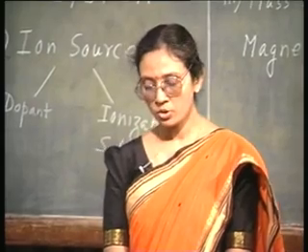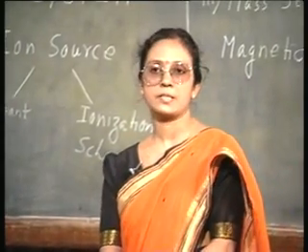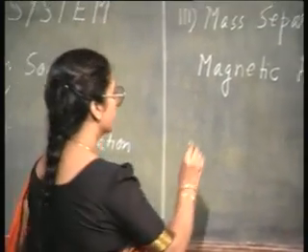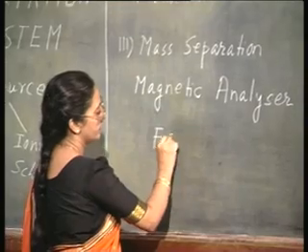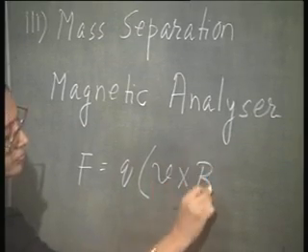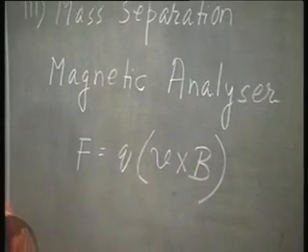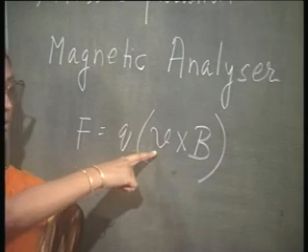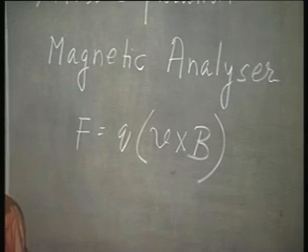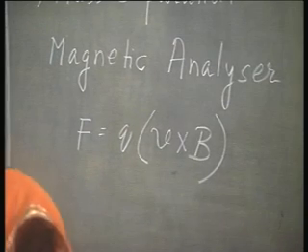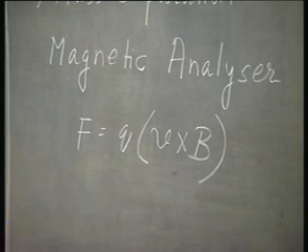right. So, under these circumstances, this particle is going to experience a force which is given by F equals qvB, where q is the electronic charge, small v is the velocity, and B is the uniform magnetic field that is applied. Okay.